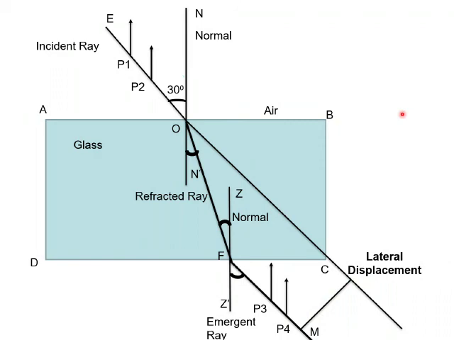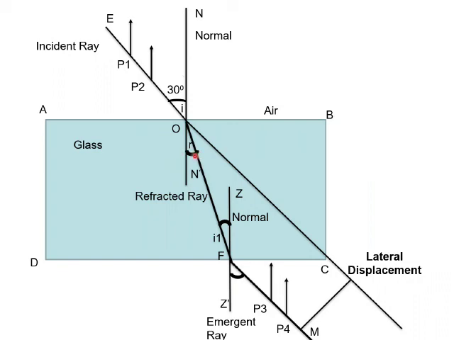So the next thing is that you get certain angles. We have already said that this angle here, 30 degrees, which we had drawn, is the angle of incidence. Then the next angle here that you're going to get is the angle of refraction.